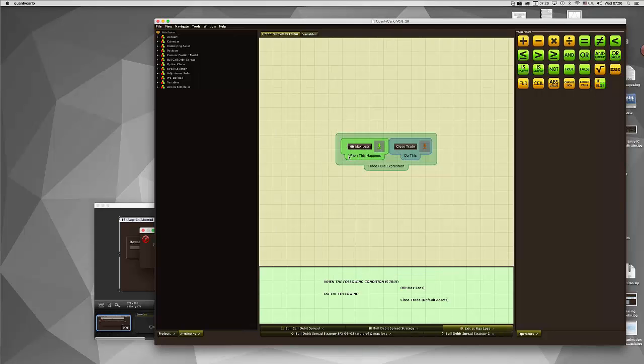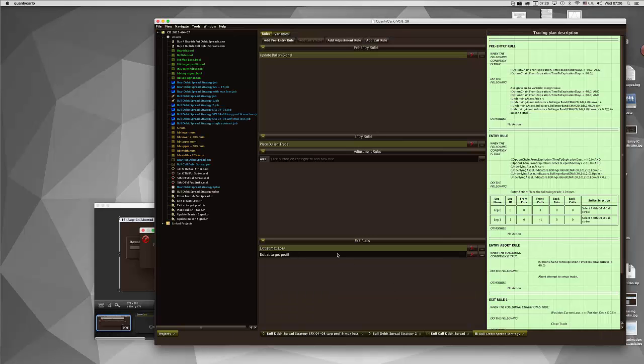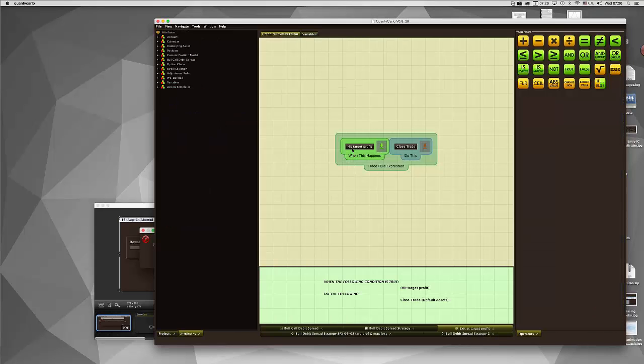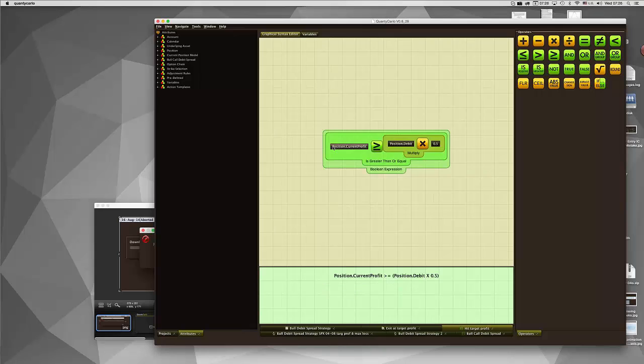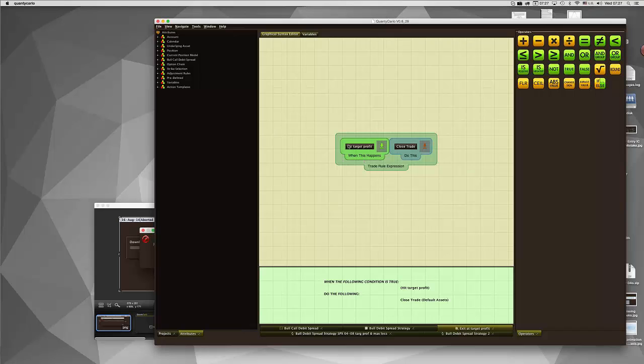And then if I hit my max loss, I'm going to close the trade. Likewise, on my exit at target profit, I've got hit target profit. Again, this is just position current profit greater than or equal to my debit multiplied by 0.5. Very simple. So whenever I hit my target profit, I'm going to close the trade.